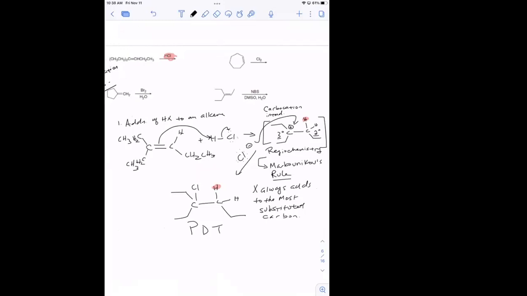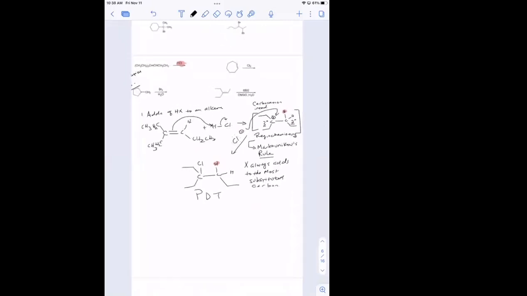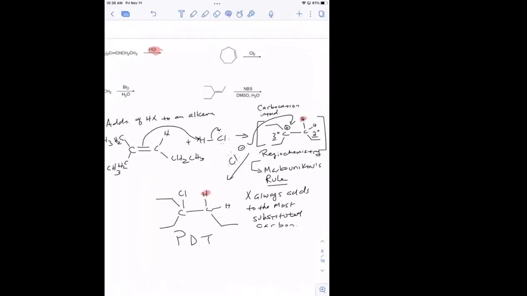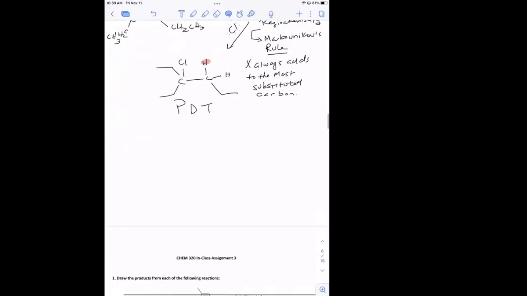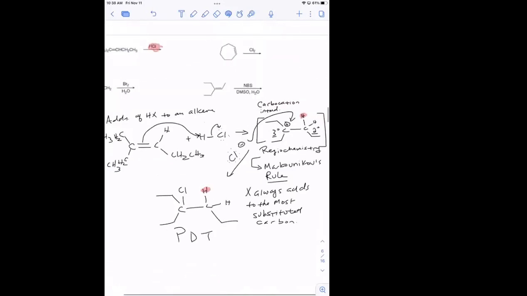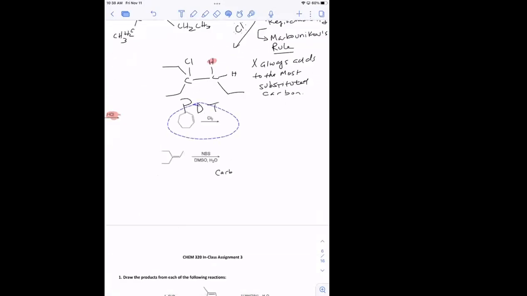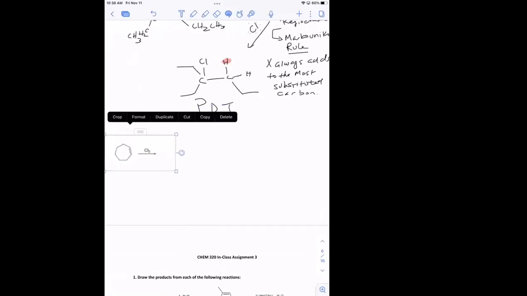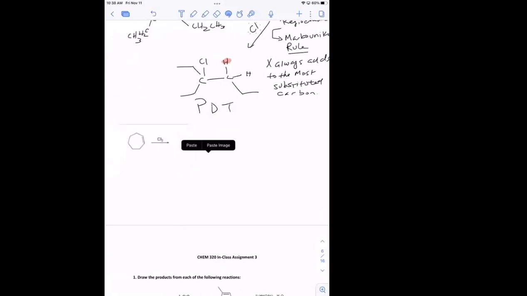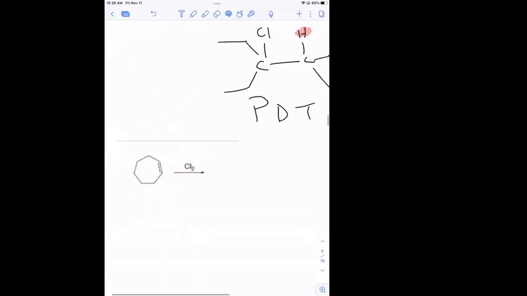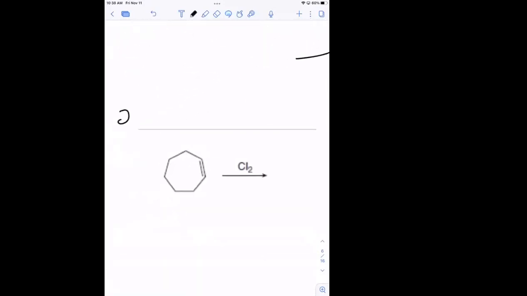All right, let's do the next one. Let's do this one. The halogenation. So this is an example of halogenation.